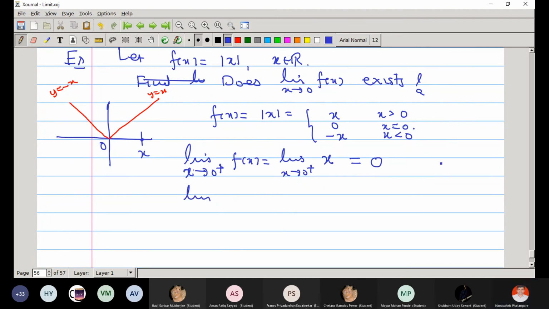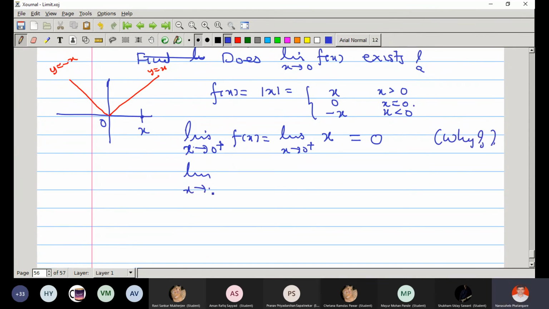Similarly, you can think about this, but it is true. So what is the limit if we approach from the left side? So limit x tends to 0 from the left side. When we approach from the left side, at present we are on the left side of 0. At this x, what is f of x? It is minus x. But then we know that minus x is minus 1 times x, right? So minus 1 into limit x tends to 0 of x.